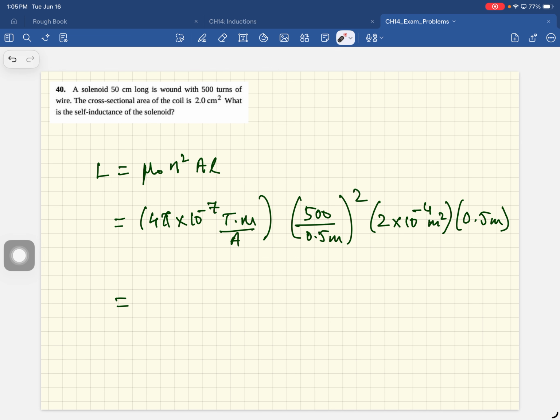So 10 to the 7, and there's a pi there, into pi. Henries per meter.